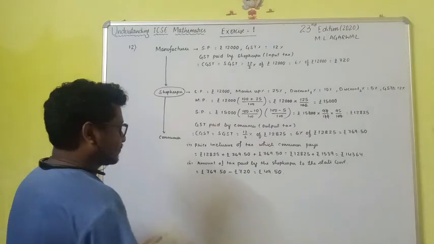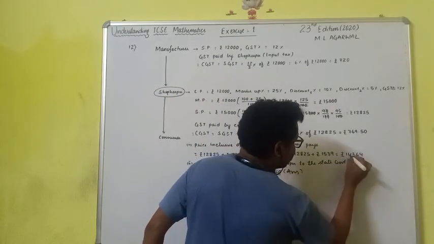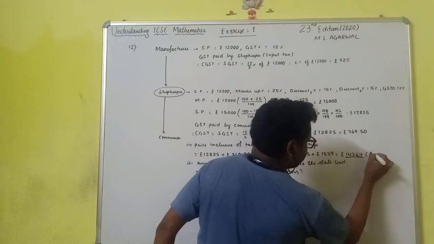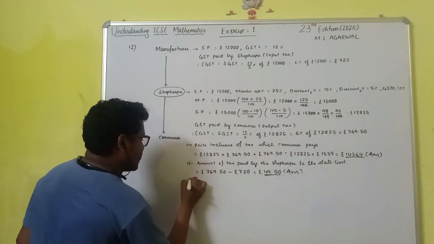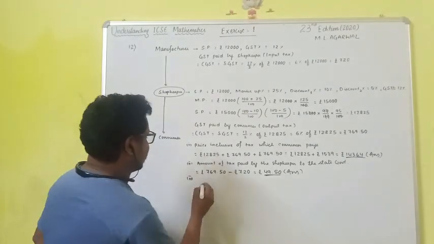Then again, underline this one and write in bracket ANS. Here also ANS. Then part number 3 is the amount of tax received by the central government.